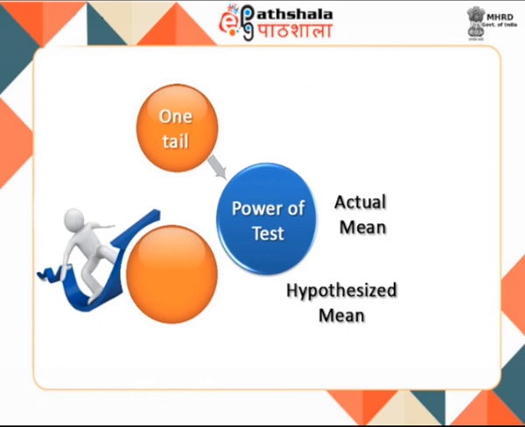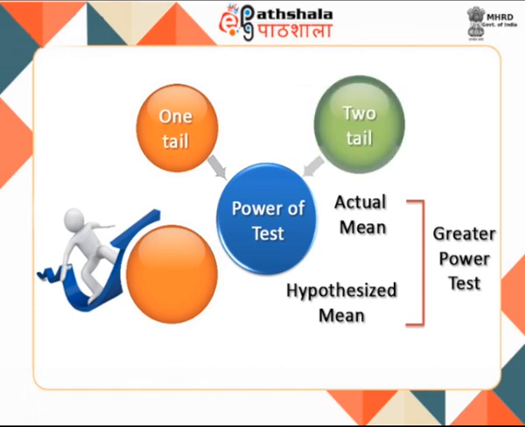The converse would be true. The larger the actual mean compared with the hypothesized mean, the greater is the power. On the other hand, for two-tailed tests, the greater the distance between the actual mean and the hypothesized mean, the greater the power of the test.